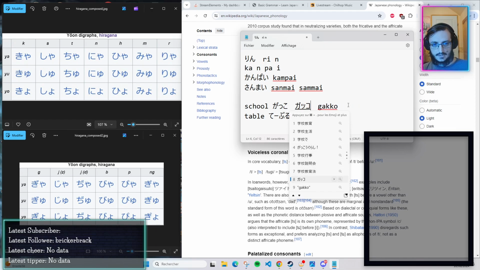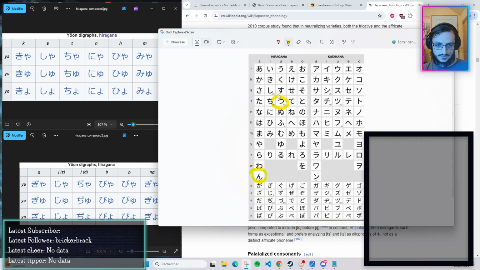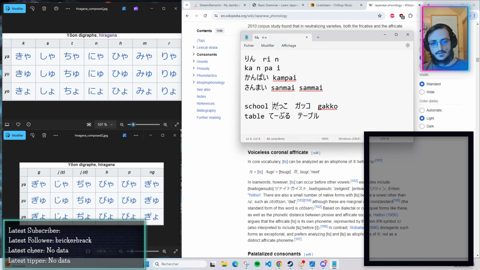So this is a katakana way. So the little tsu in katakana looks like a little smiley, as you can see here. So this little tsu is like that in katakana. Tsu. So that's it. Table.